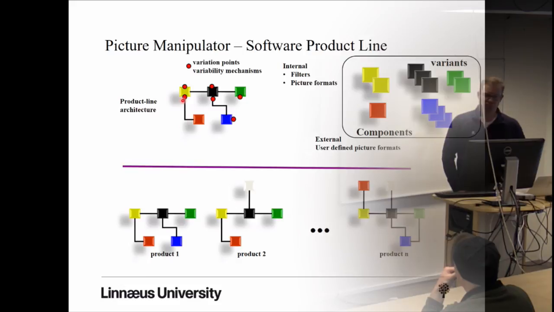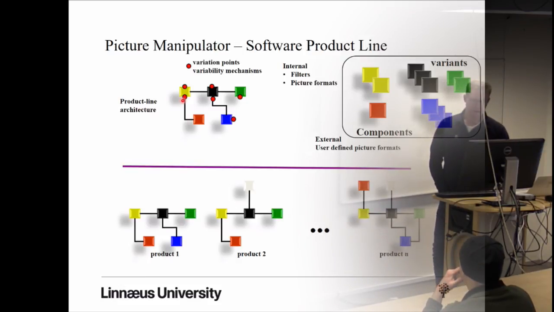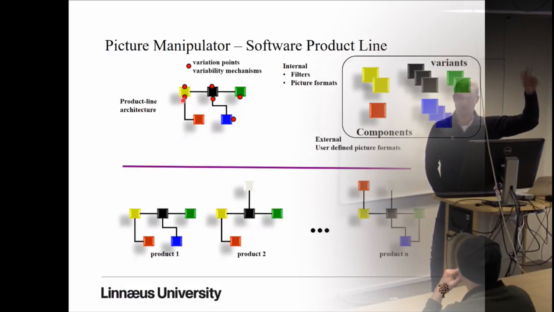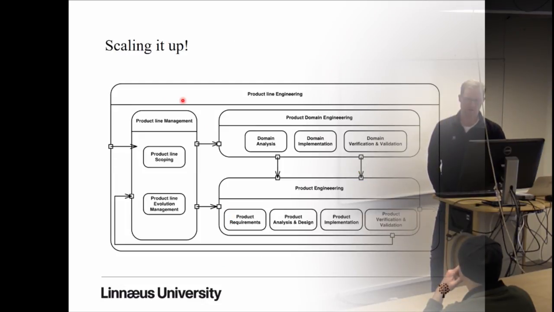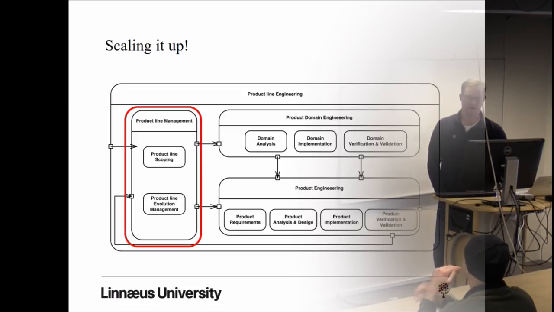Okay, so if you look at an organization where you remember the payroll company, 100 systems, well, suddenly you need to scale things up. And it's not just about product domain engineering or product engineering, it's a lot about product line management.